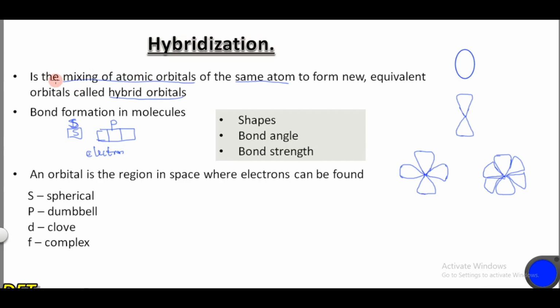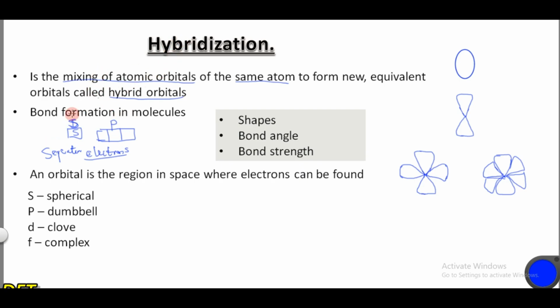So again, hybridization is the mixing of atomic orbitals of the same atom to form new equivalent orbitals called hybrid orbitals. And the reason for this is to attain a maximum separation of what? Of electrons, right?